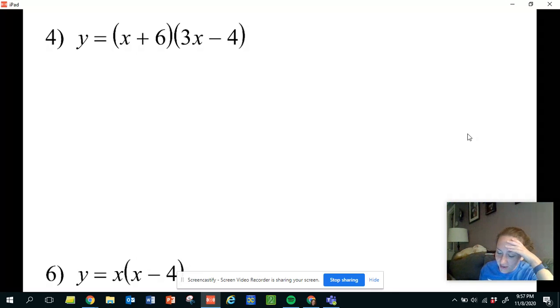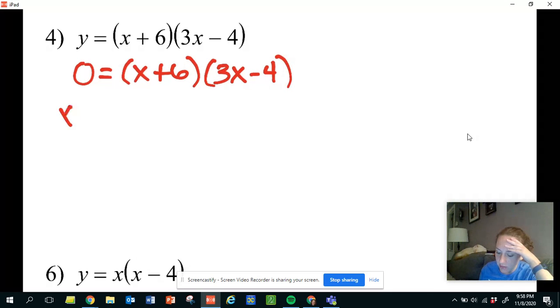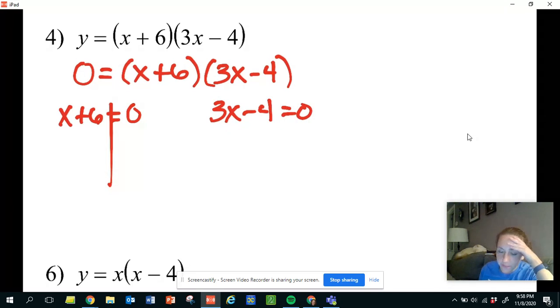Anyway, so again, for the x-intercepts, 0 equals the factor form. So I'm going to take each factor and set it equal to 0. Now for this one, it's a one-step equation. It's very simple.